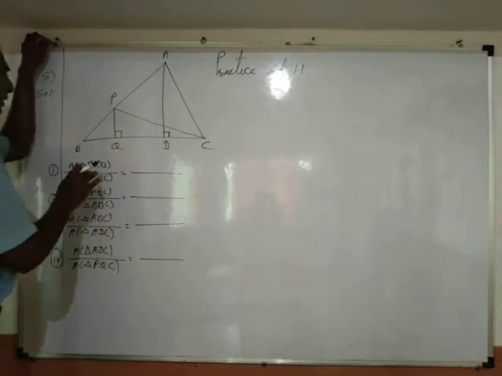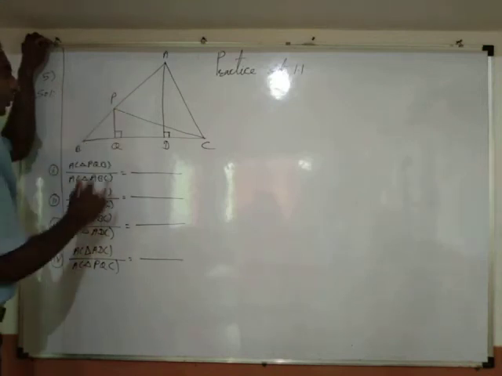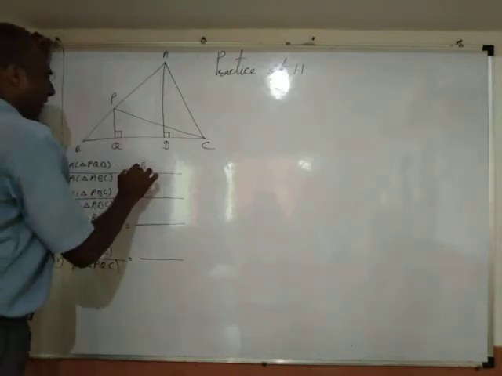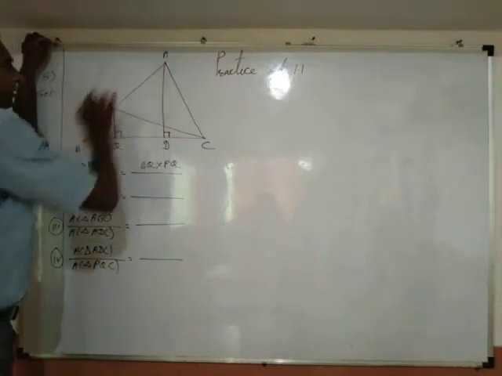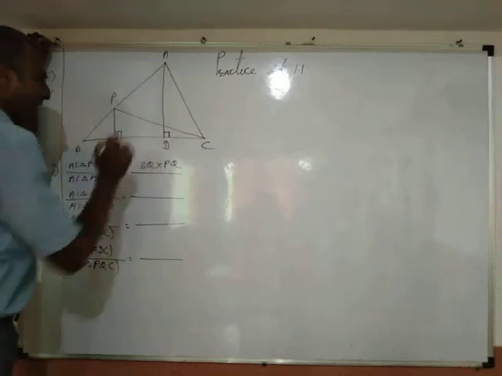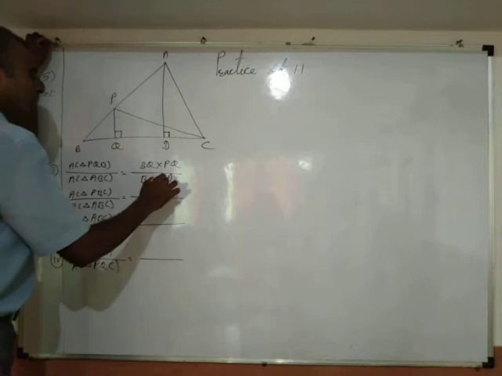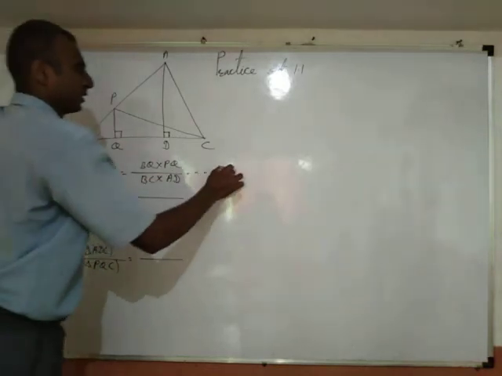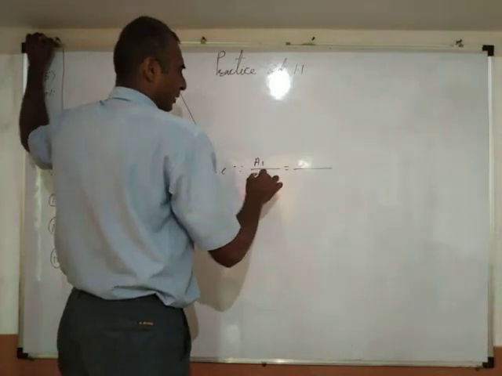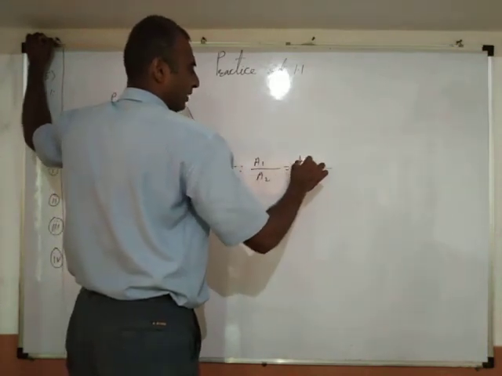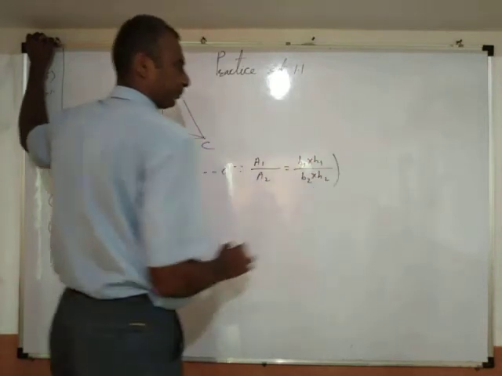In triangle PQB, BQ into PQ, and in triangle ABC, upon BC into AD.